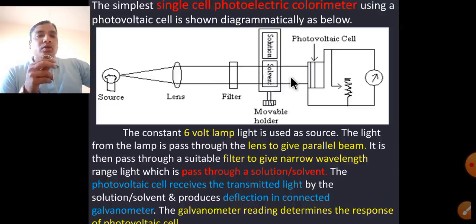The photovoltaic cell receives the transmitted light from the solution or solvent and produces deflection in the connected galvanometer. The galvanometer reading determines the response of the photovoltaic cell. These are the construction and working of the single cell photoelectric colorimeter.